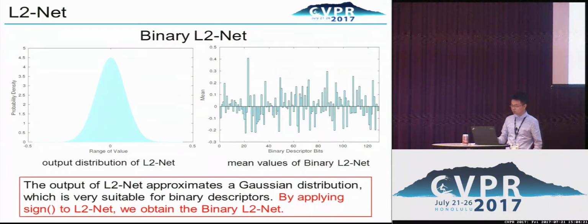As a result, we directly apply a sign function to the L2LAT and obtain the binary L2LAT. As shown in the right figure here, the mean values of most binary L2LAT approach 0. This demonstrates that the discriminative ability of the L2LAT is very good.